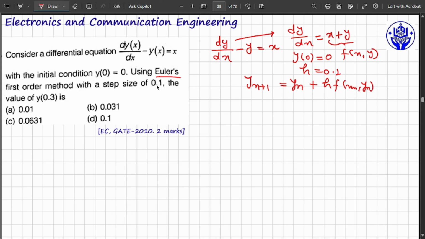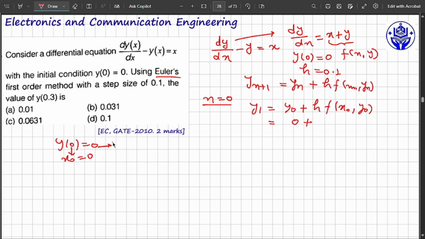In this case, n equals 0, then y1 equals y0 plus h f of x0, y0. It means my x0 equals 0 and y0 equals 0, and h is 0.1. This is x0 plus y0, which is 0 plus 0.